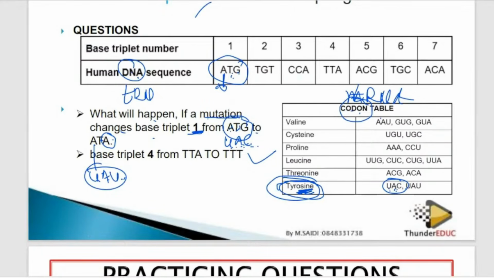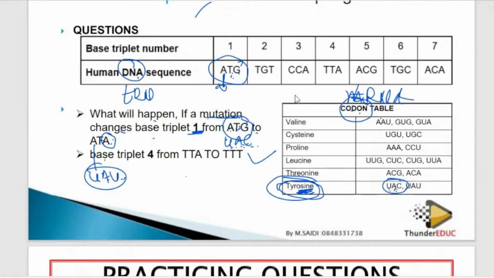I don't want to pronounce it badly. So if I call you the other way around, you say yes, sir. When I call you with another name, you also say yes, sir. You understand? So it means that they are coding for the same amino acid, however much the codes are different. Is it clear there?